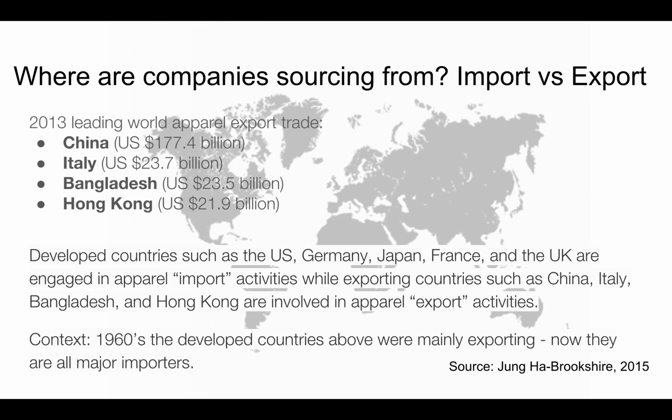Developed countries such as the US, Germany, Japan, France, and the UK are engaged in importing activities, while exporting countries such as China, Italy, Bangladesh, and Hong Kong are involved in the export of goods. To give you some context, in the 1960s, the developed countries above, i.e. US, Germany, Japan, and France, were mainly exporting their goods. Now they are all major importers.